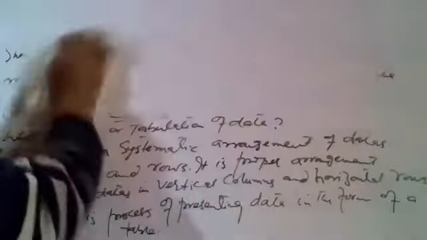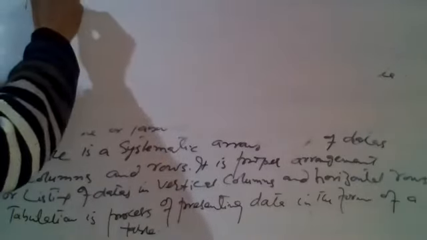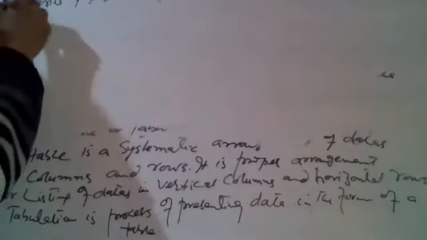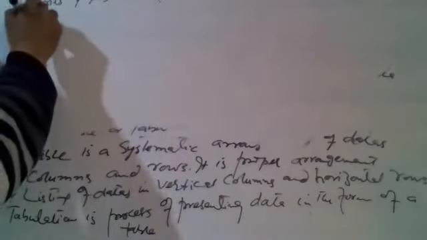So the next step to this topic is merits and demerits of table. What are the merits of table or tabulation? Number first merit is the data is easily understood.